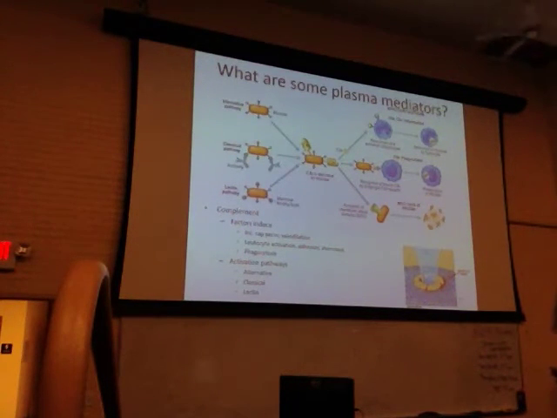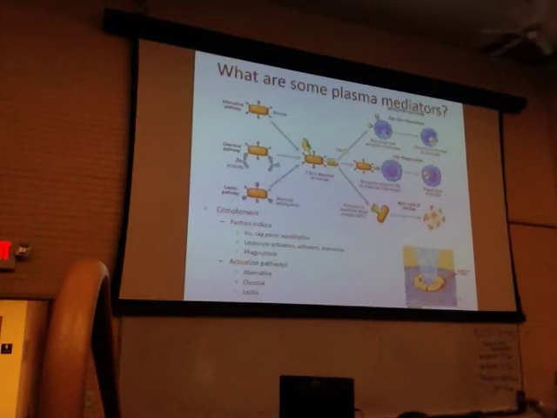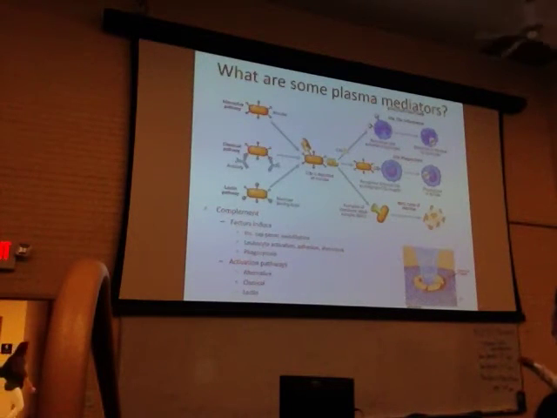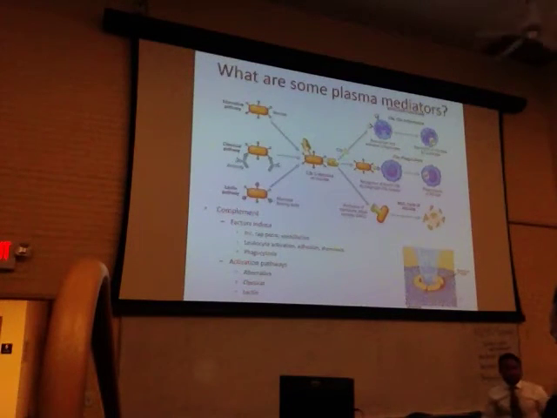So you can see there's three main pathways that I want you to understand. There's complement factors that allow for increased capillary permeability and vasodilation, leukocyte activation, and phagocytosis. These three pathways are on the left. They all converge into the middle. They all end up allowing for all three of these outcomes to take place.